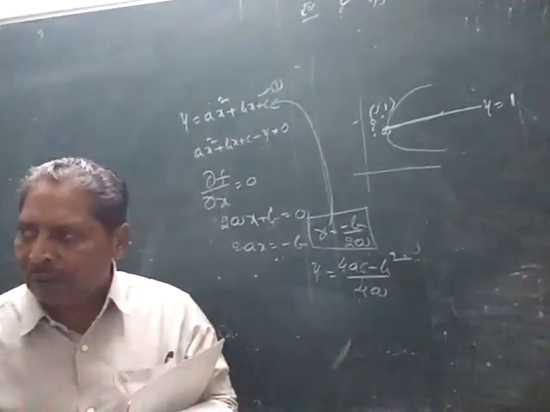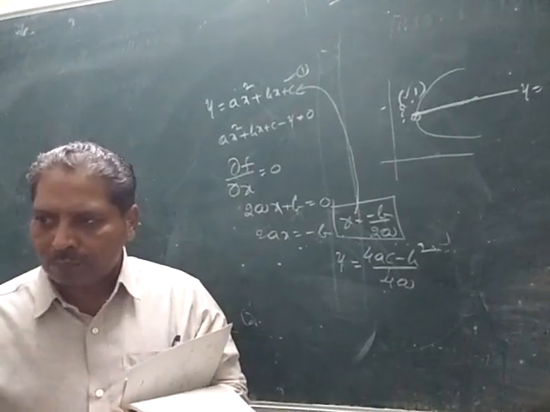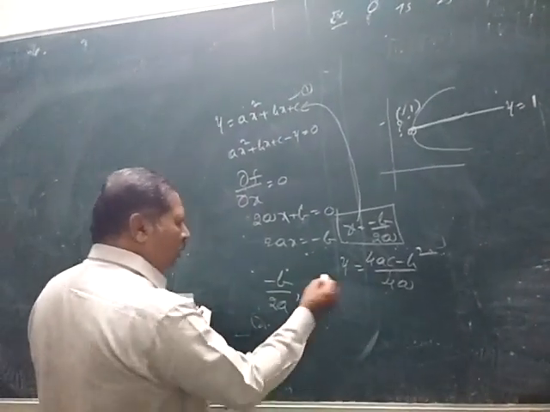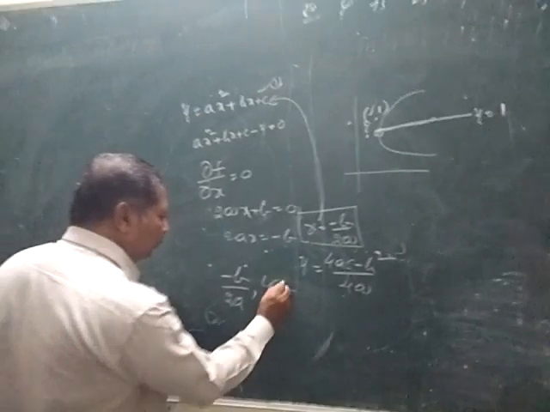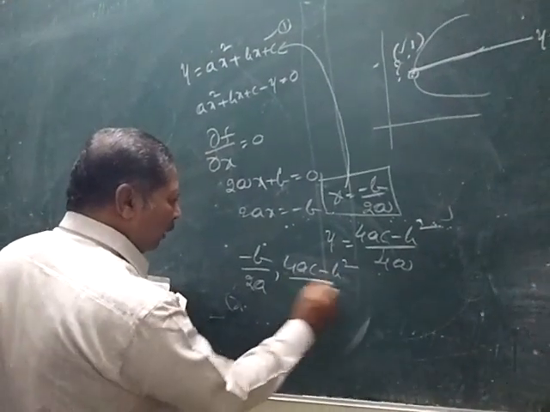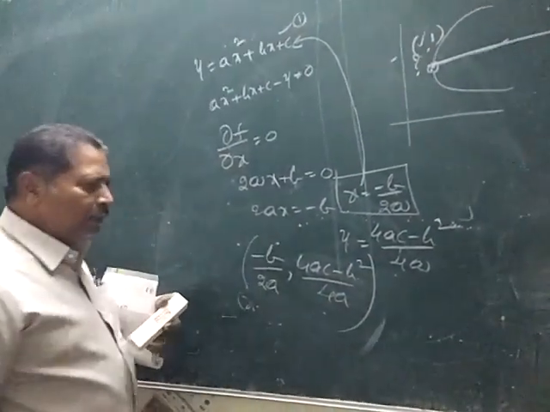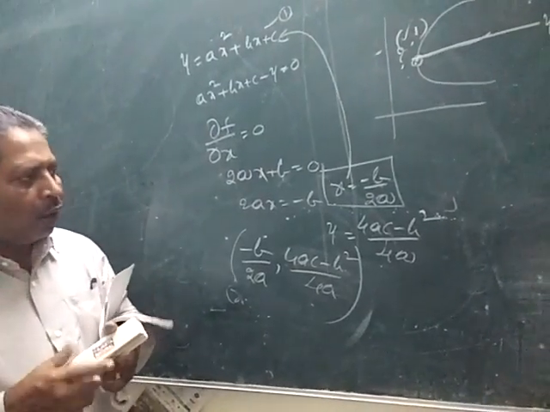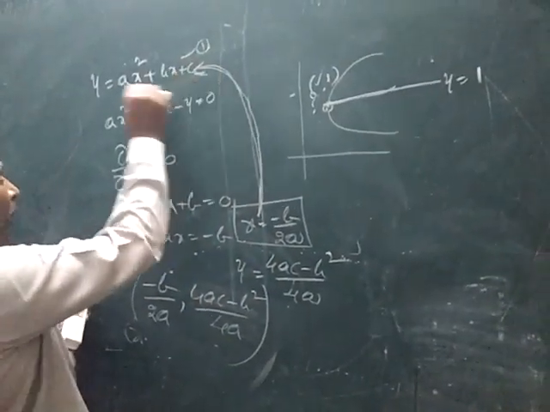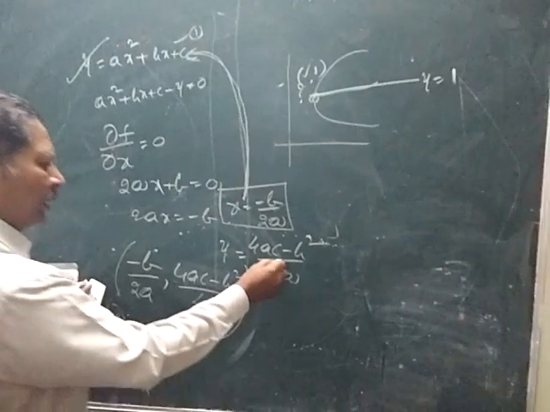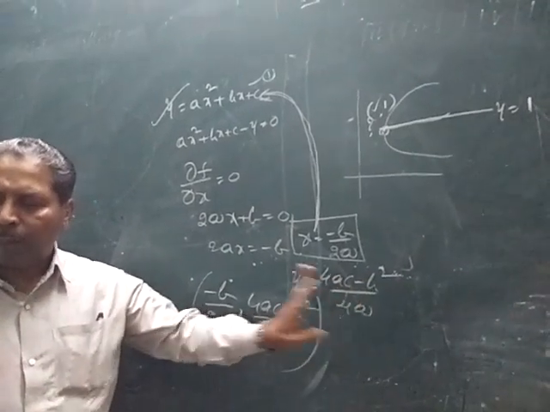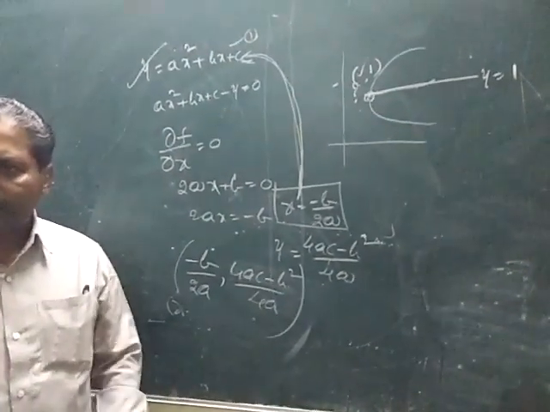That is one formula in 2A paper. So the x value is minus b by 2a, the y value is 4ac minus b square by 4a. This is the vertex. Otherwise, substitute the x value in equation number 1, then we get the y value 4ac minus b square by 4a. Quadratic equations formula.